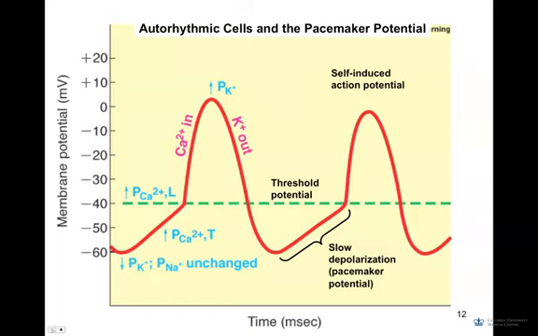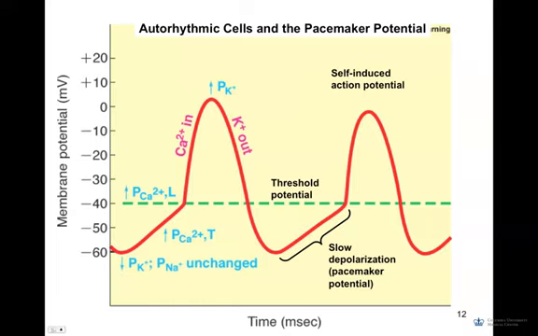And so again, it doesn't stay at -60 very long because it has all these leak channels for sodium. And so the sodium starts trickling in, the cell starts to slowly depolarize. And then eventually, as it gets a few millivolts away from threshold, we are opening our transient calcium channels.